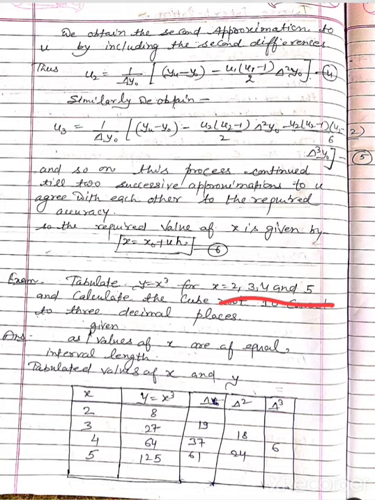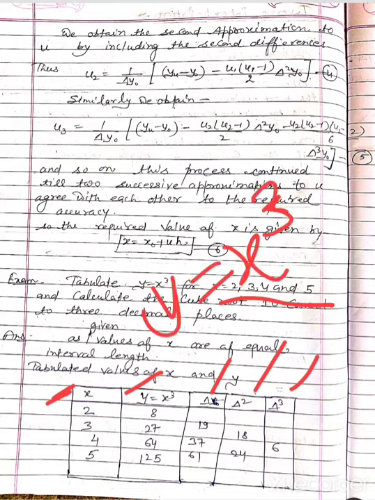Now we make a table which gives the information about the given values of x, y, and the related forward differences: first forward difference, second forward difference and third forward difference. Here the given values of x are 2, 3, 4, 5, and the related values of y equal to x cube, calculated from this formula.